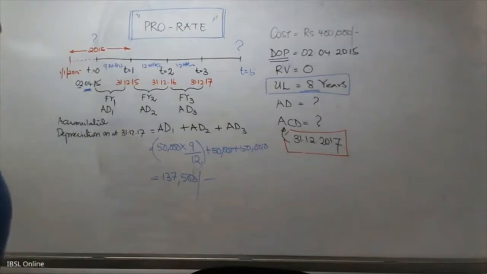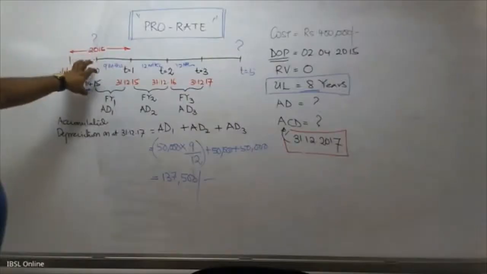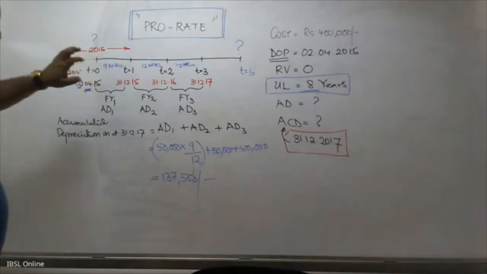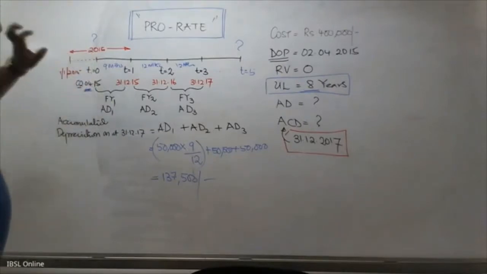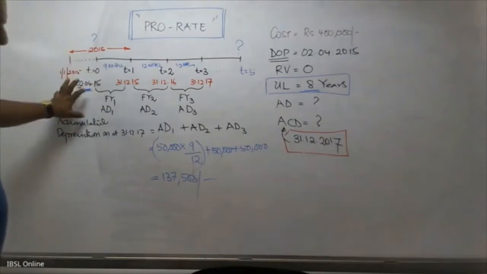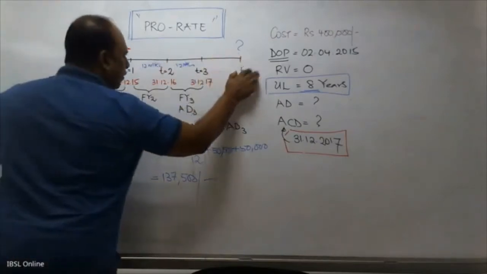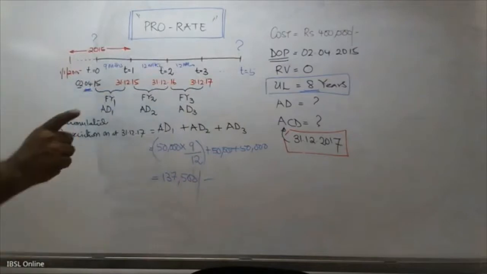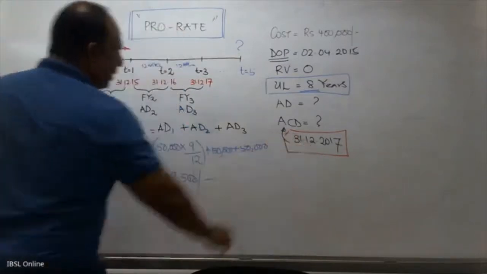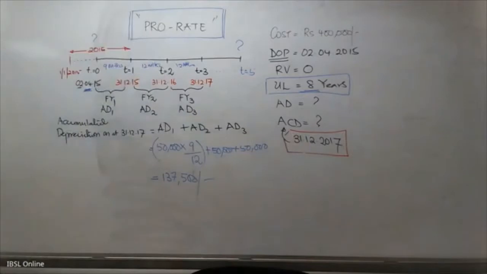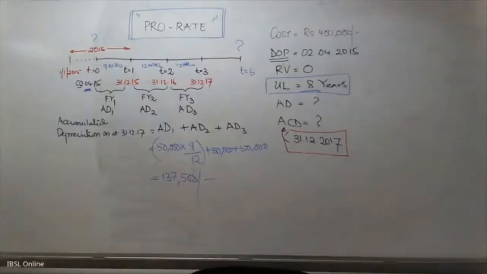Let's say this company is going to provide full year depreciation in the year of purchase and no depreciation in the year of disposal. If that is the case, what would be the accumulated depreciation as at 31st December 2017? What is the answer? I've got one answer, which is 150,000. 100,000.